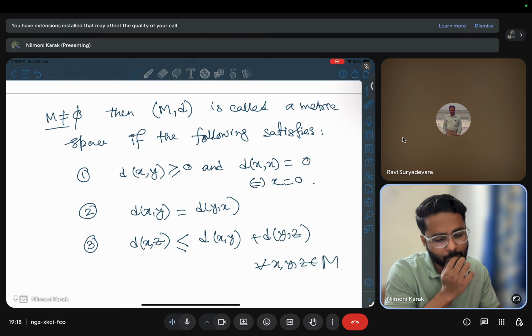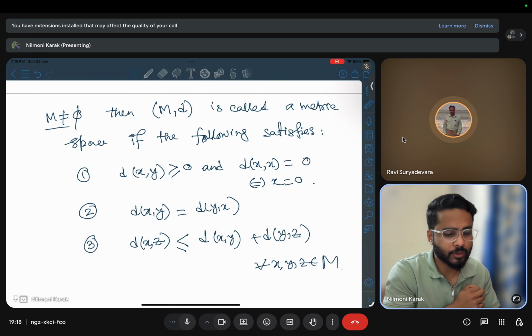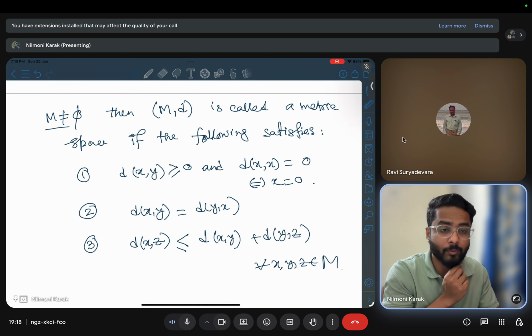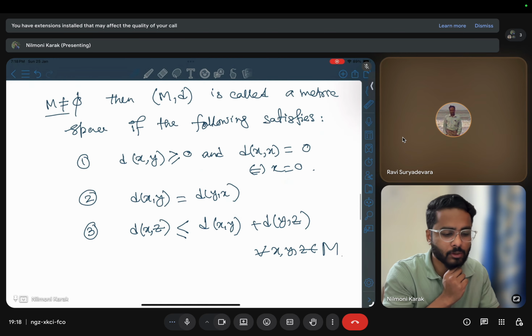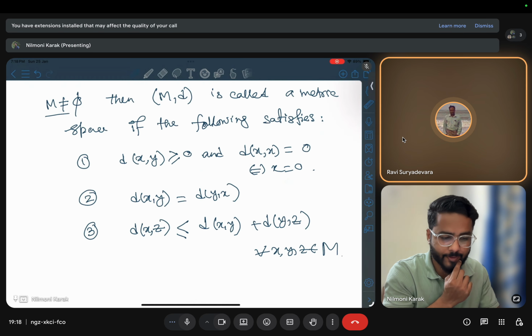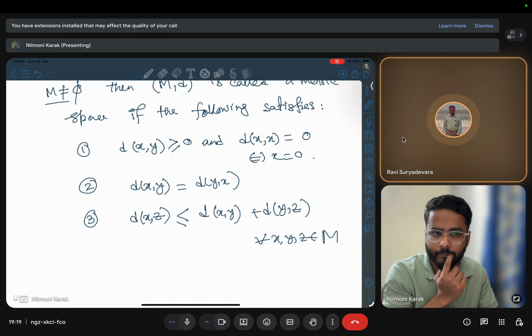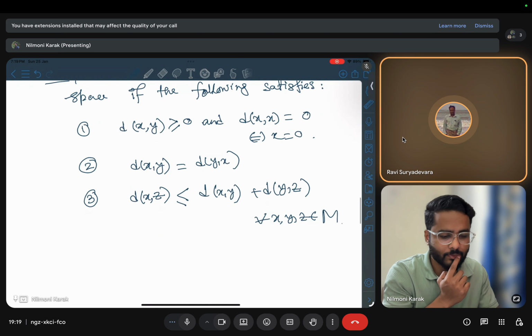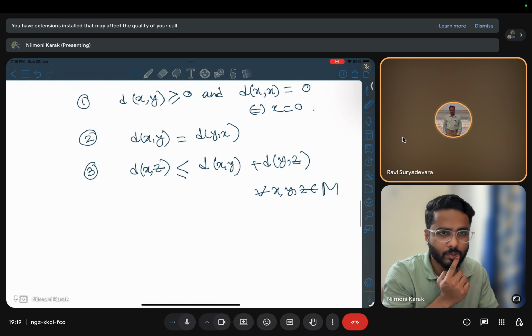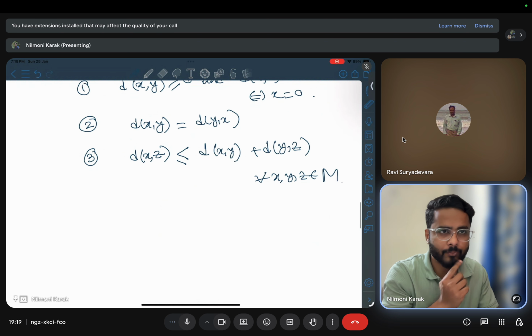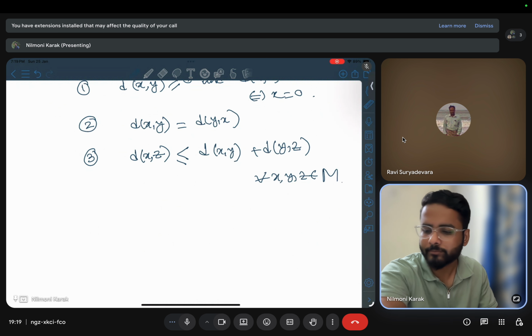These three properties should be followed. This is the distance property, all three axioms. So that you call a metric space.